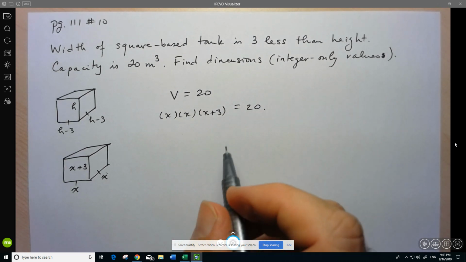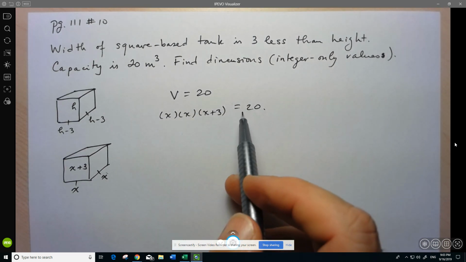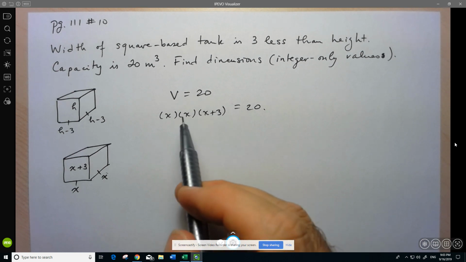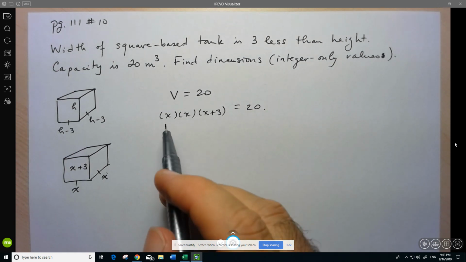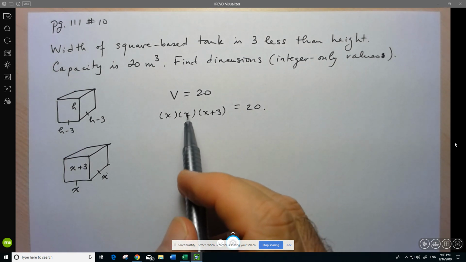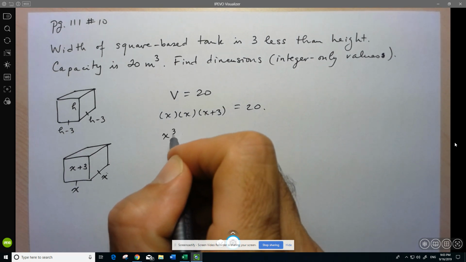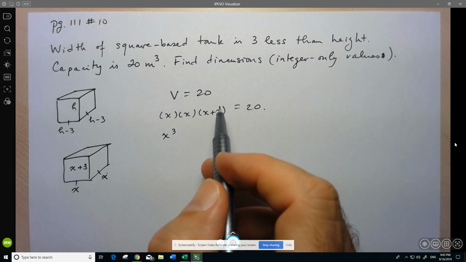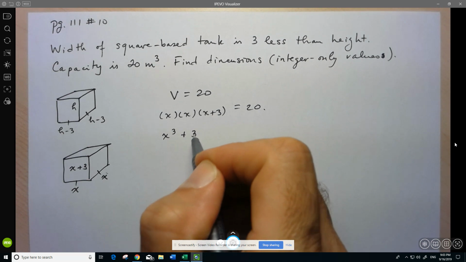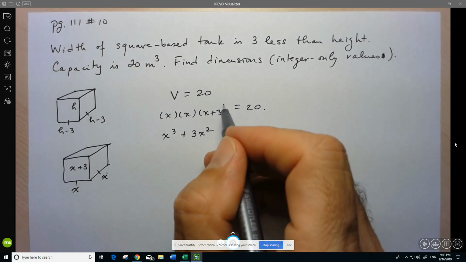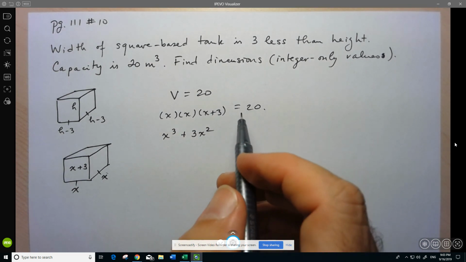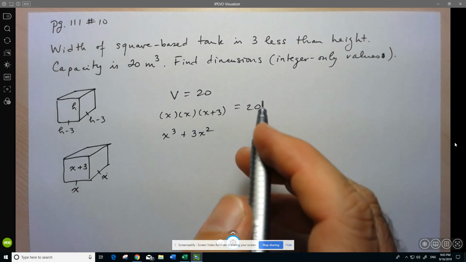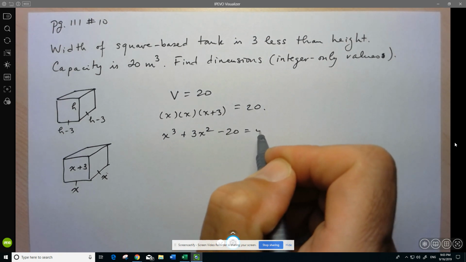Now we've created a polynomial equation that we'll be able to solve. Let's multiply this out. x squared times x is x cubed, and x squared times 3 is plus 3x squared. To solve this polynomial equation, the first step in our algorithm is to bring everything to one side, so minus 20 equals 0.